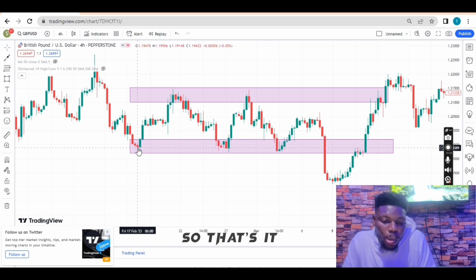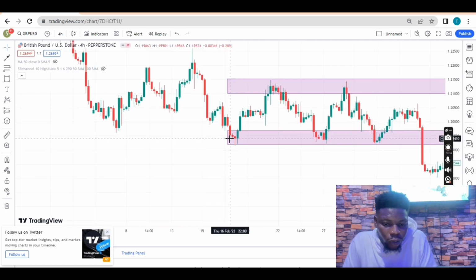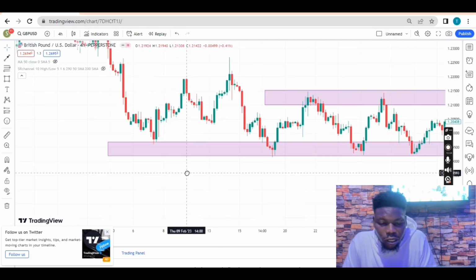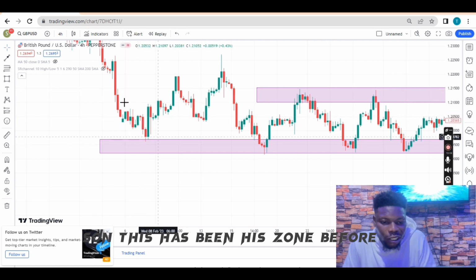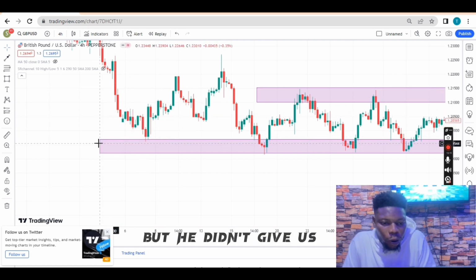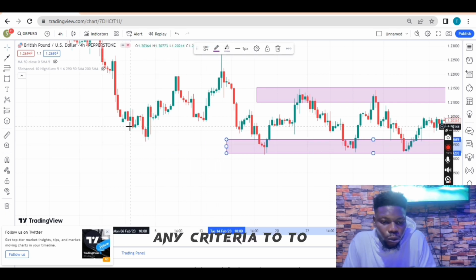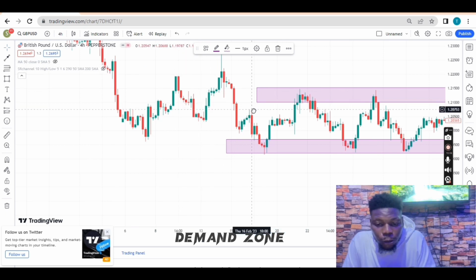So since this is the first one we can see, this has been a zone before, but it didn't give us any criteria to pick it as a valid demand zone.